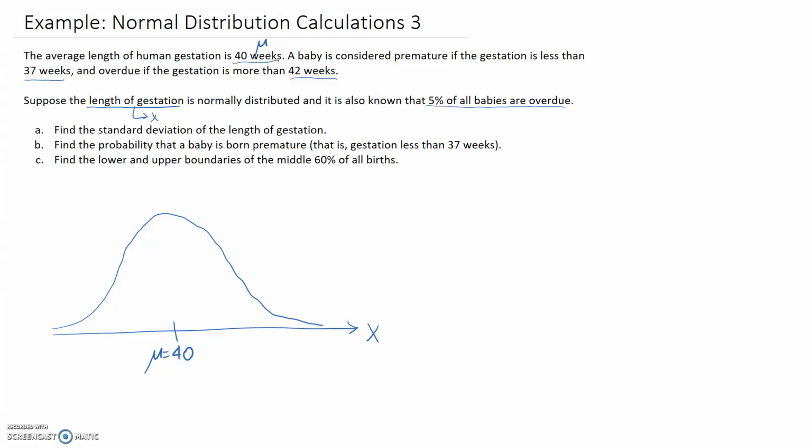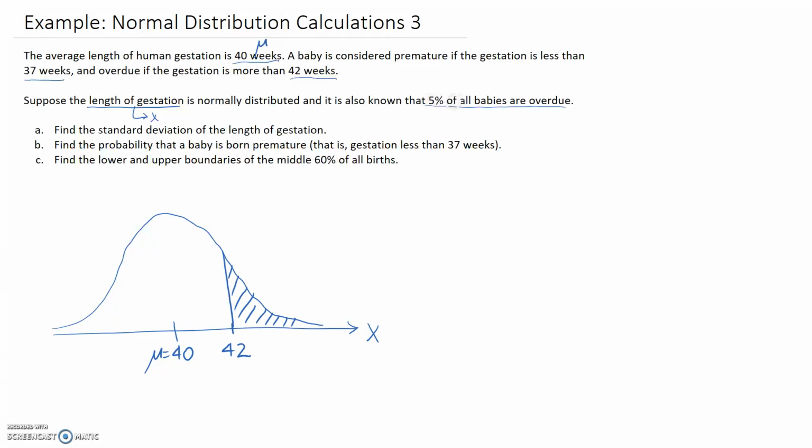The other key piece of information I can mark on here is that we know that 5% of all babies are overdue, and overdue was defined as more than 42 weeks. So if I mark 42 on the diagram, what I can deduce is that this part here represents the area under the curve for more than 42 weeks, which is equivalent to the probability of the gestation being more than 42 weeks.